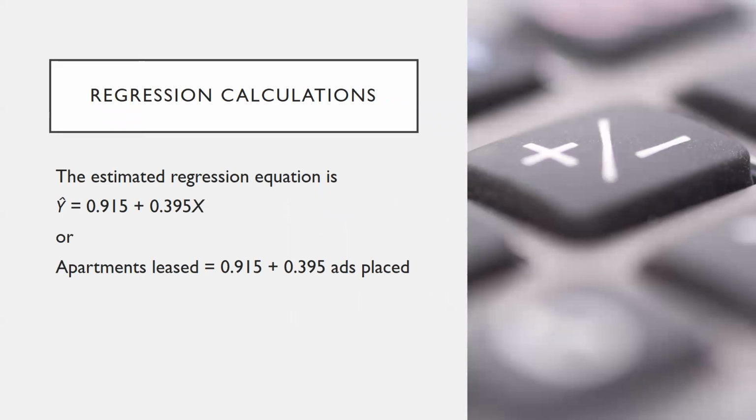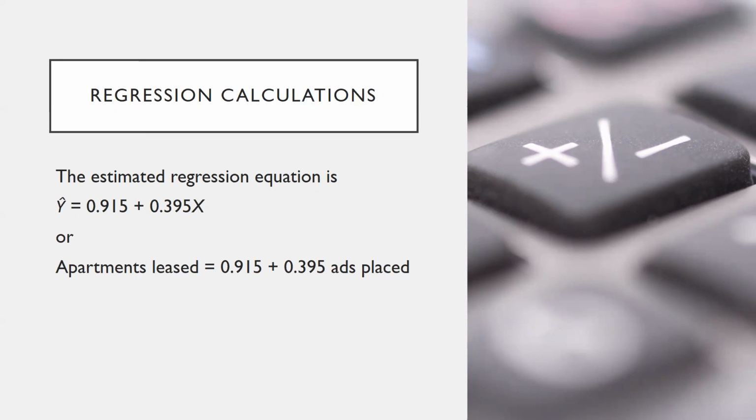So our line of best fit, or our estimated regression equation, is given as y hat equals 0.915 plus 0.395x. Or another way to look at that is very simply, the expected number of apartments leased is equal to 0.915 plus 0.395 times the number of ads placed the month before.